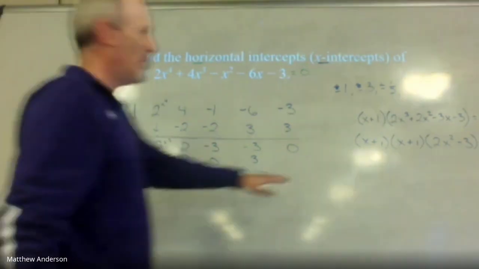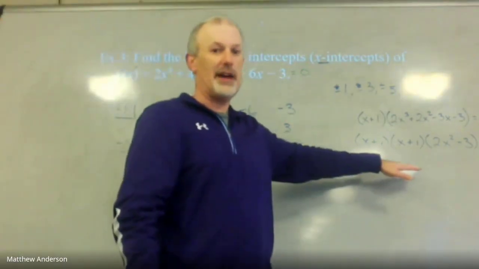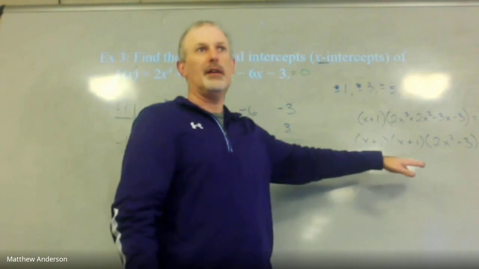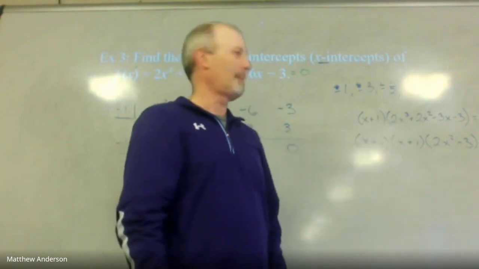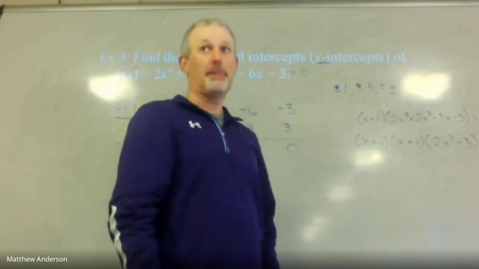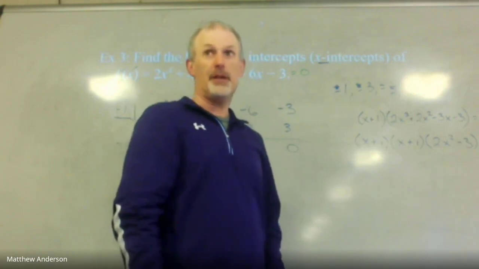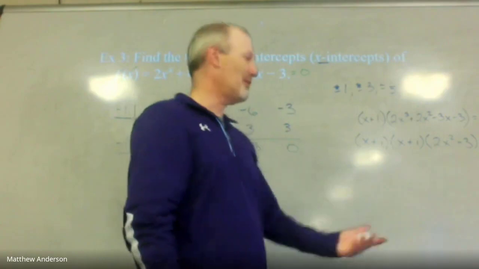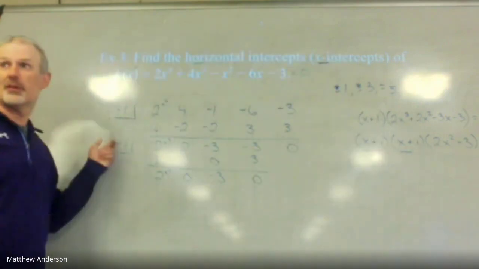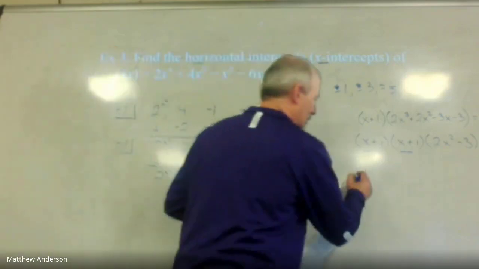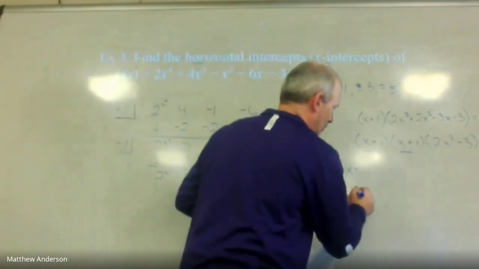Okay, so now we're to this point, and we have these factors. Do you remember what we do with each of these factors? Each factor gets set equal to 0. Now these two we don't really have to do because we already know that's these two. So x equals -1 and x equals -1 is the first two.